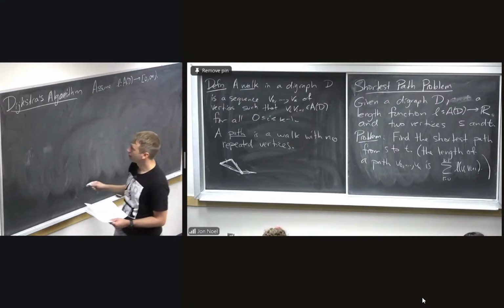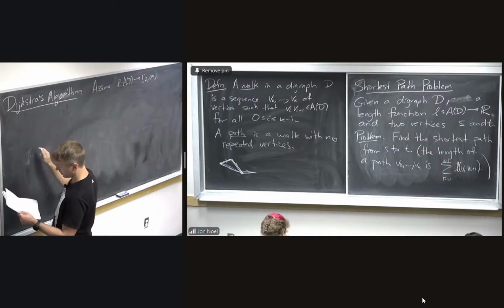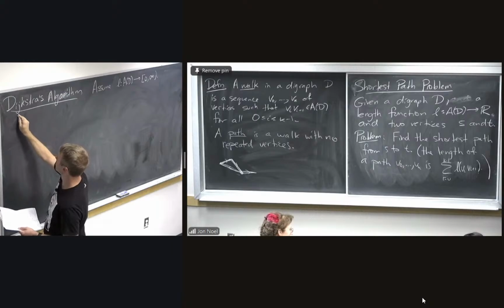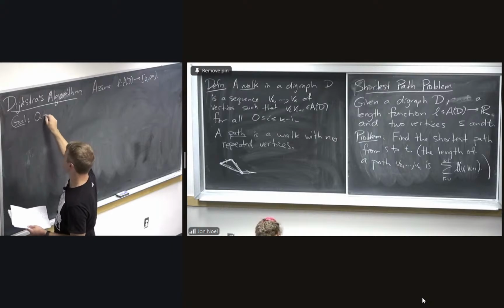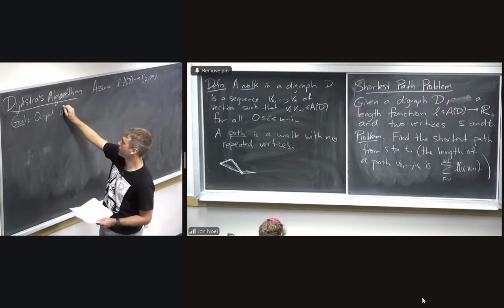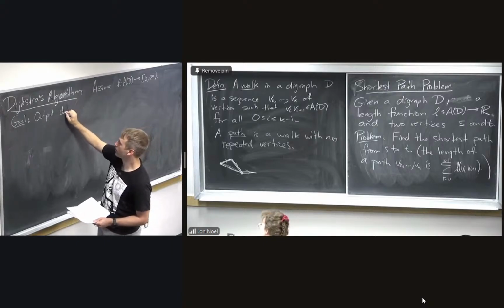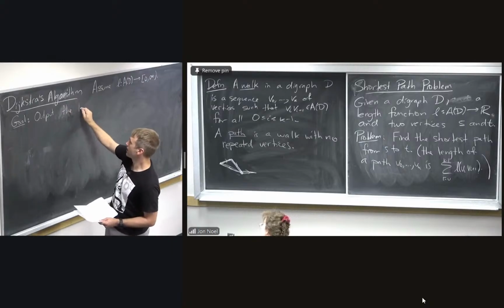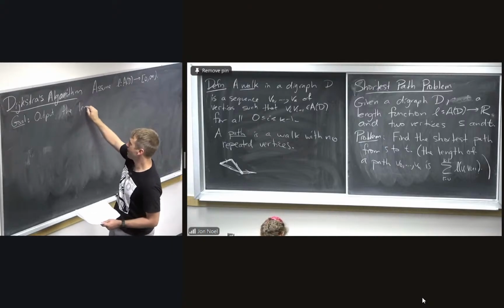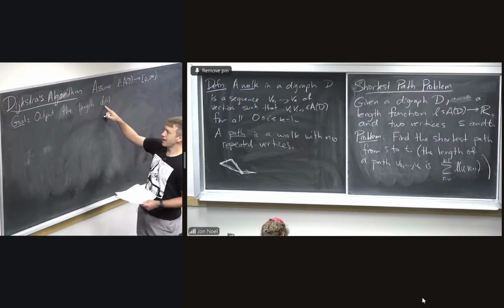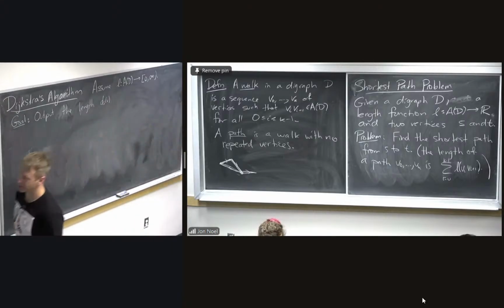Okay. So our goal is going to be to output the length of the shortest path. I'm going to call this d sub s of v. S is the special vertex we had over here, right?